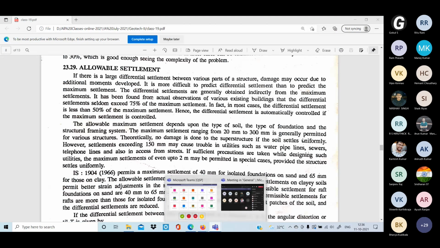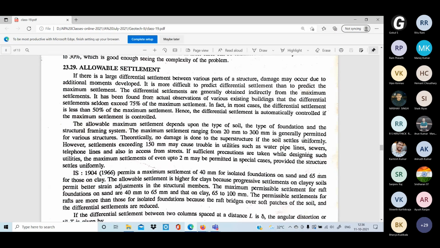So what I was telling you in the last class, there are two types of settlements. One is maximum settlement for a different foundation, maybe isolated foundation and the raft foundation. We have two types of foundation nowadays.